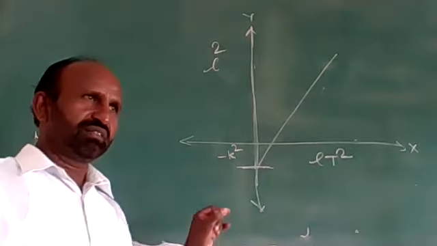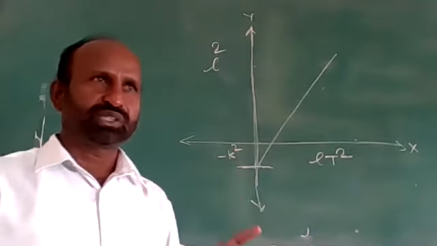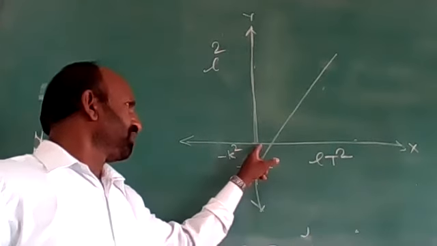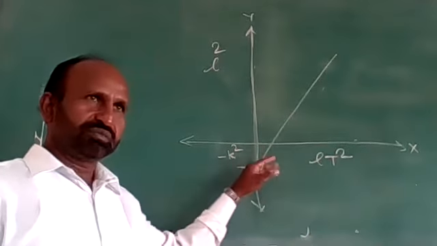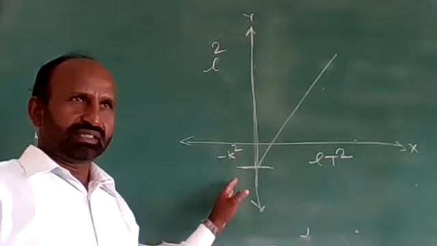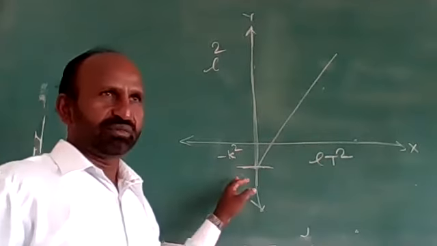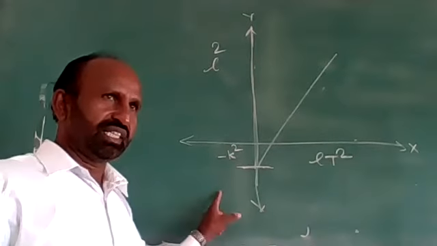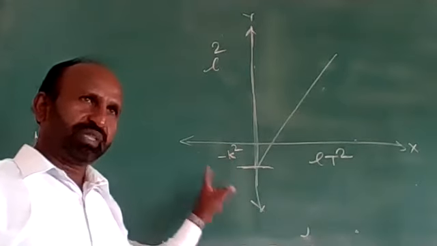K is always positive, but it is taken on the y-axis, opposite side to the origin. So its direction is negative, but magnitude is positive. K square is given here. We can obtain the value of k here.